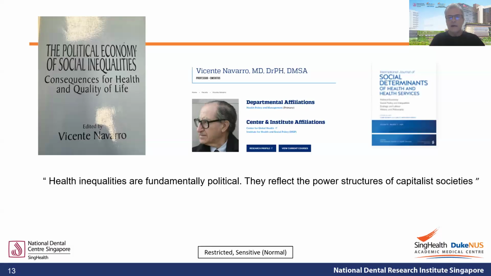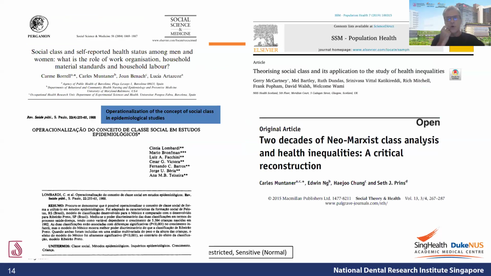To finalize, another curiosity is to look at the literature in this field using this kind of typology and theory. In this slide, I present concrete examples of how Marxist social class analysis has been applied in epidemiological studies.